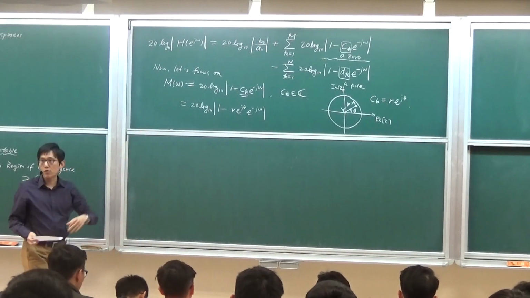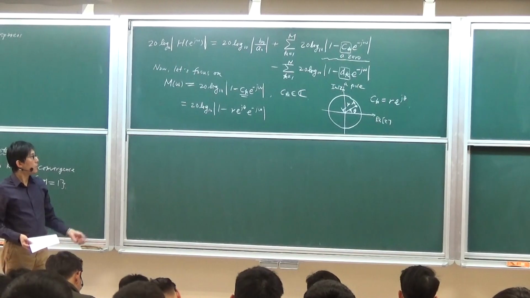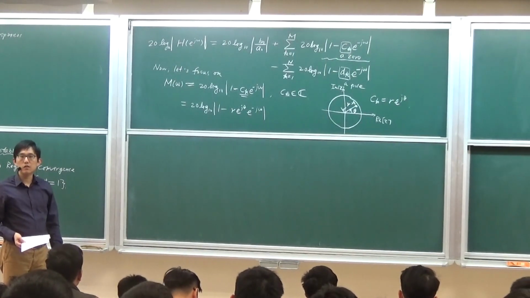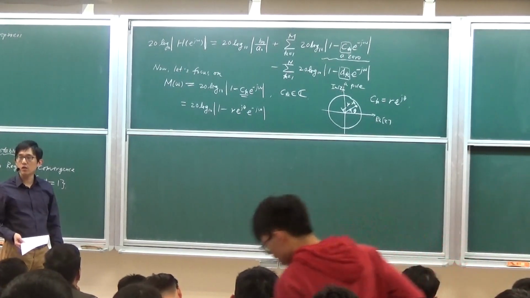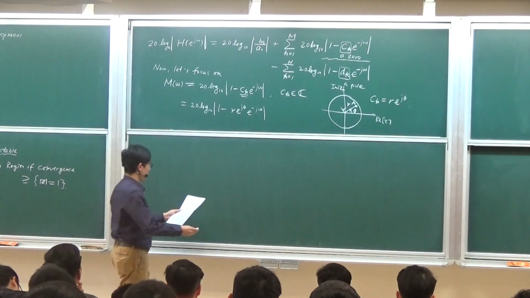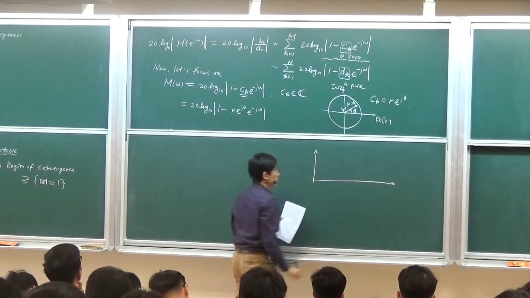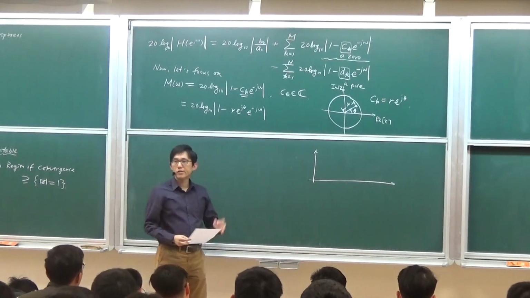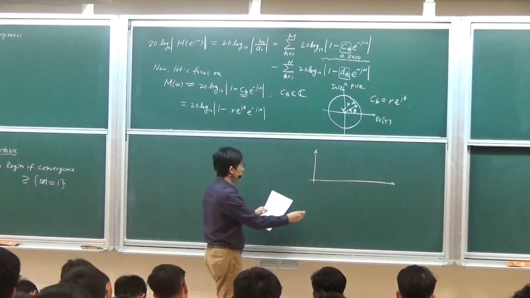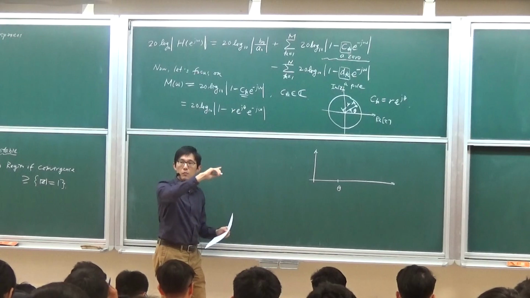All right, so if I ask you to make a sketch of M of omega, how do we proceed? Let me show you the result first. This is a system that has only one zero. It turns out that near theta we will have a minimum.